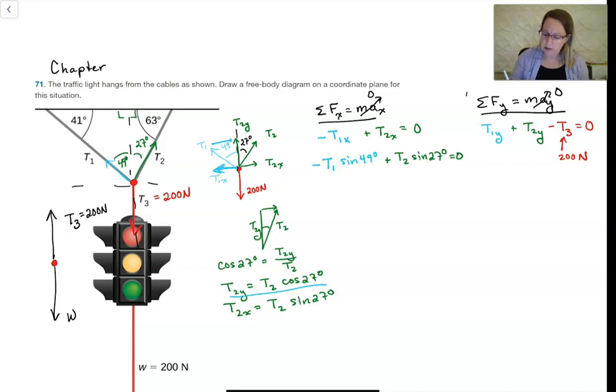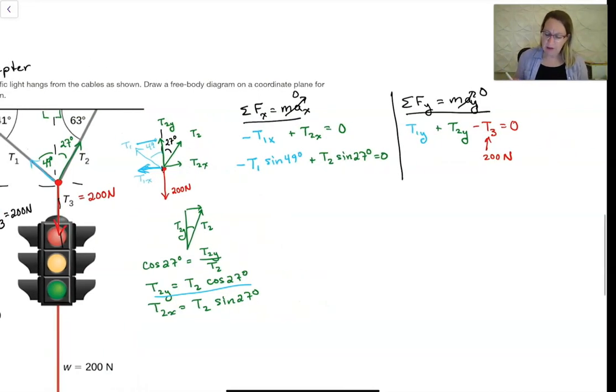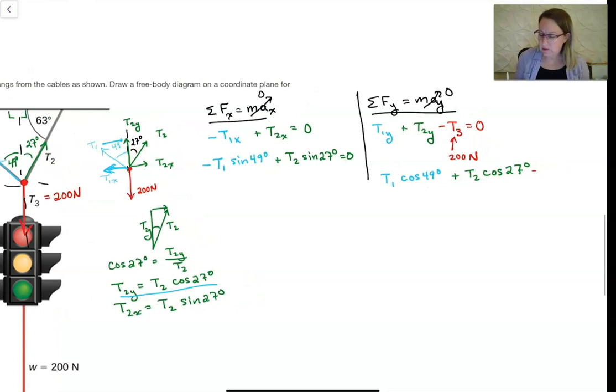That's for my x component. And for my y component, I'm going to have T1 cosine of 49 degrees plus T2 cosine of 27 degrees, minus, I can move the 200 to the other side, equals 200 newtons.